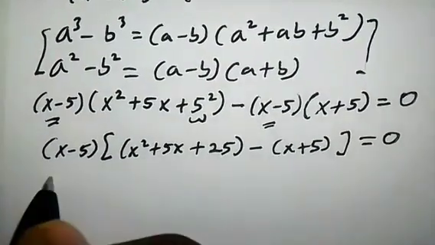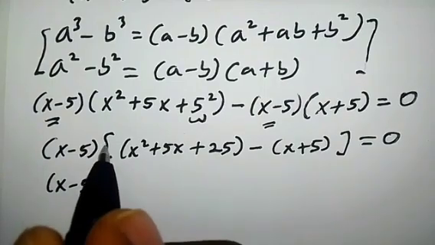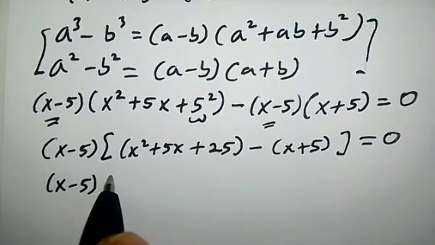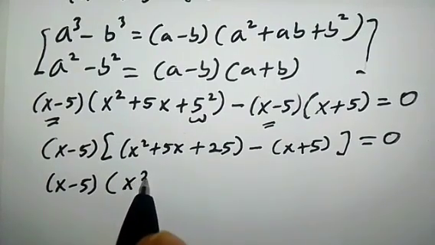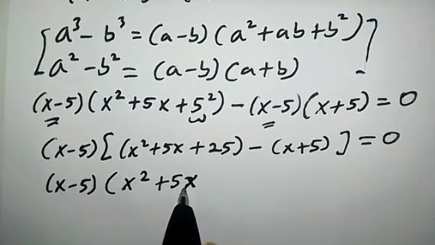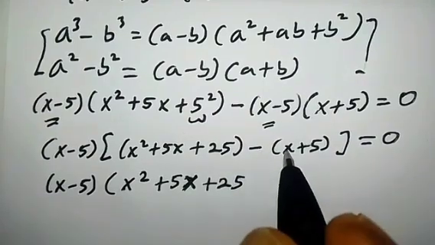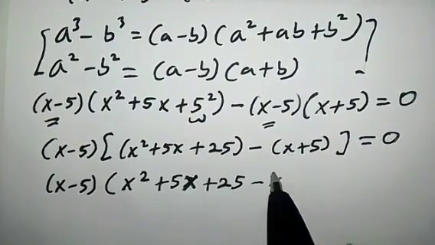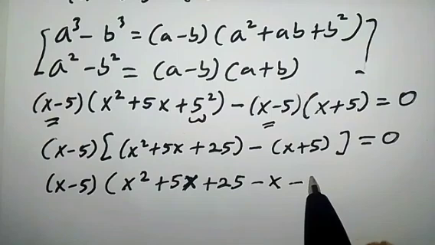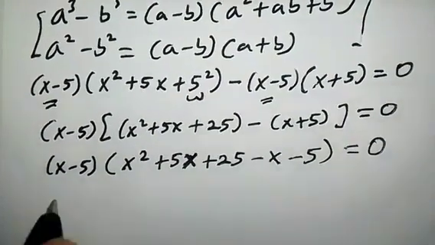Let's continue. x minus 5. Now, let us drop this square bracket. So we have x squared plus 5x plus 25 minus times x, that is minus x, minus times 5, minus 5 equal to 0.